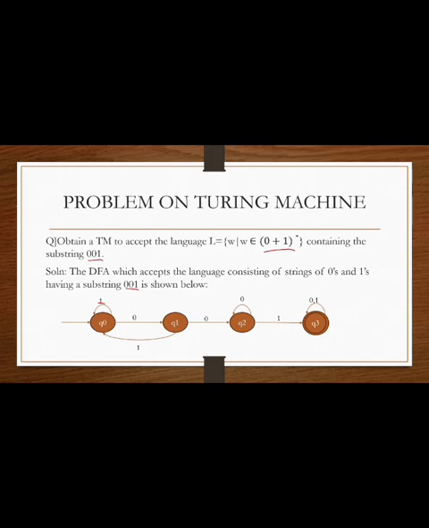For the input 1, it moves to the state Q3 because we have found the substring 001 completely. Now the transition from Q3: this state loops forever because 001 has appeared even once. The string is valid no matter what comes next.